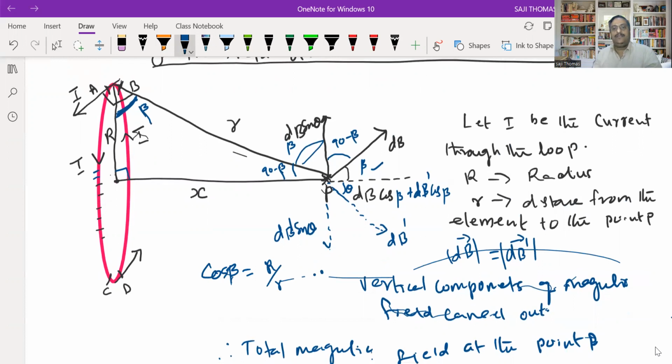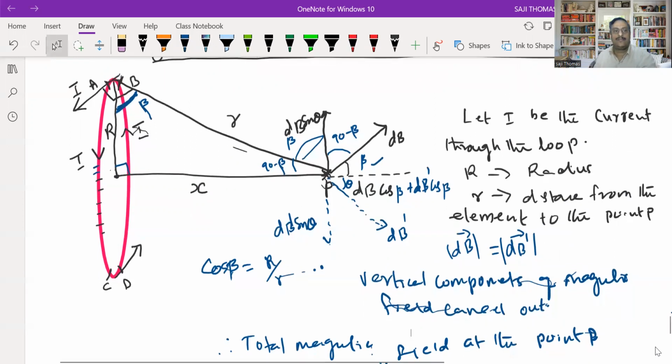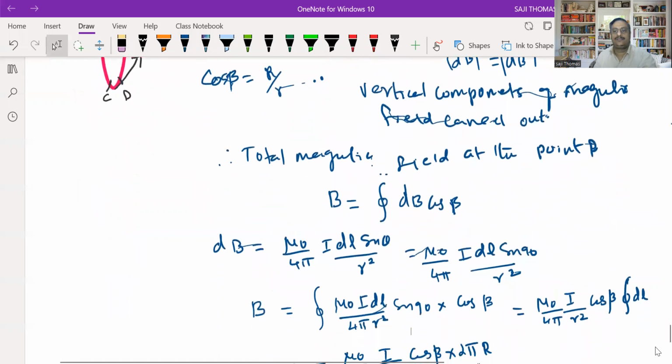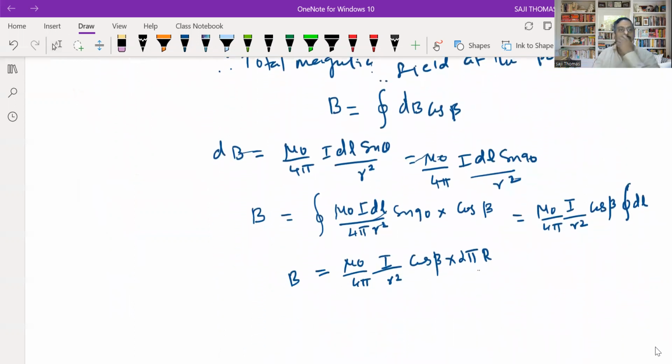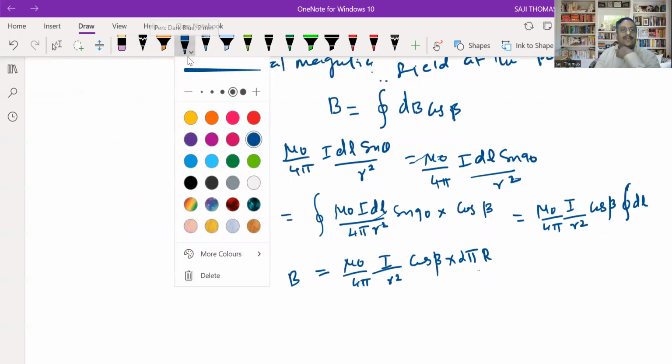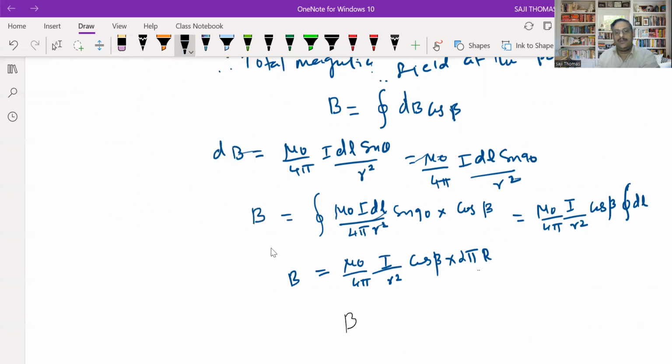So you substitute in the previous equation. B is equal to mu 0 by 4 pi I into 2 pi R divided by r square into cos beta, which is R by small r.